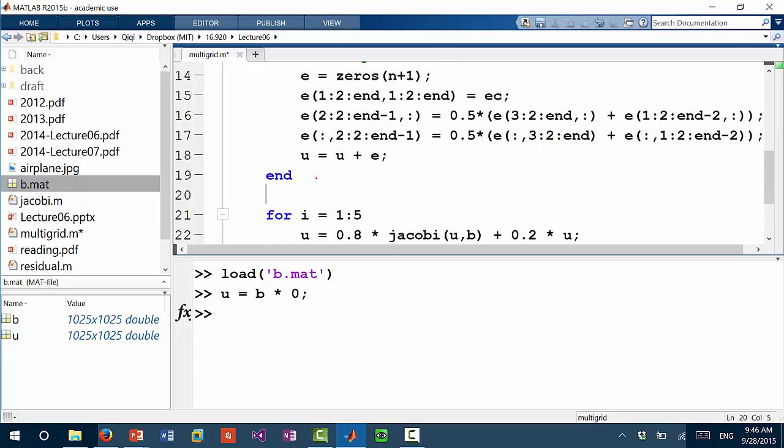And there is a post-smoothing step, just to make the solution nicer when we get out of the multigrid function. Okay, because the interpolation from coarse to fine introduces what's called the interpolation error. That is actually high frequency. And the post-smoothing removes the high frequency content and makes the solution much better.